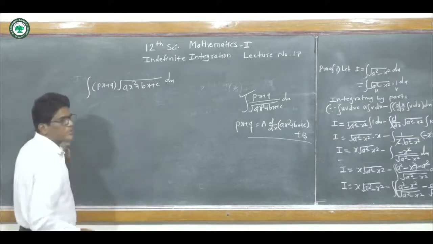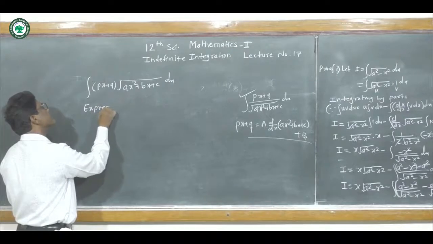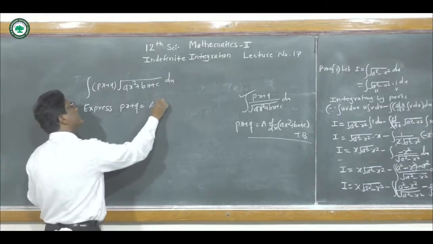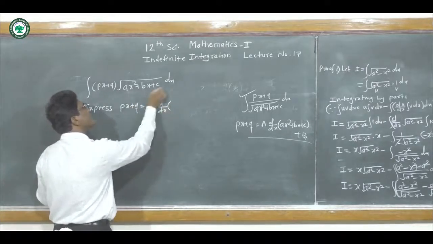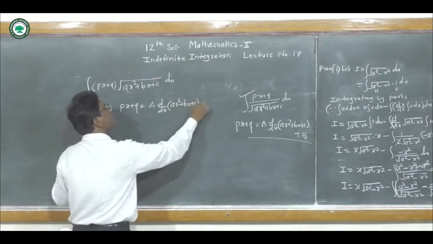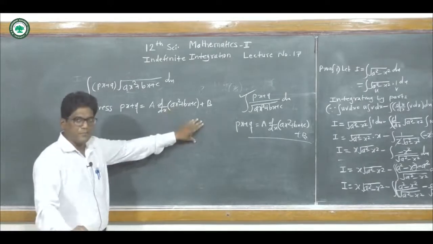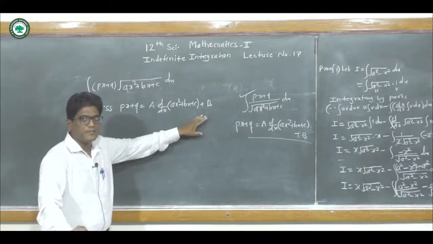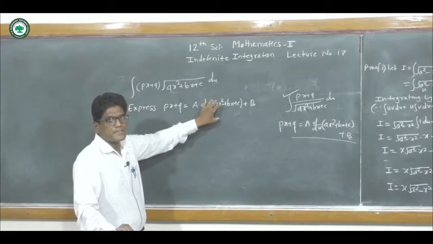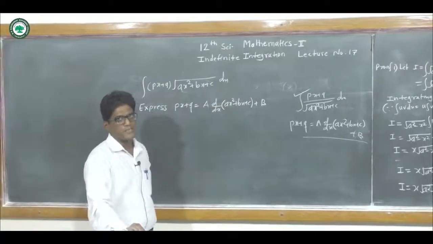To solve such type of problems, express px plus q is equal to a into d by dx of this ax square plus bx plus c, plus b. And now find the values of a and b. Put the values of a and b here, and then replace this px plus q by this right hand side and solve the problem by integration by parts.